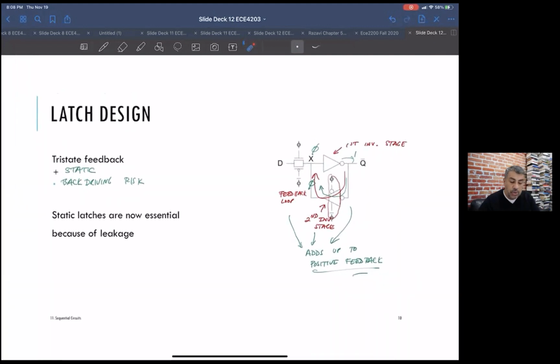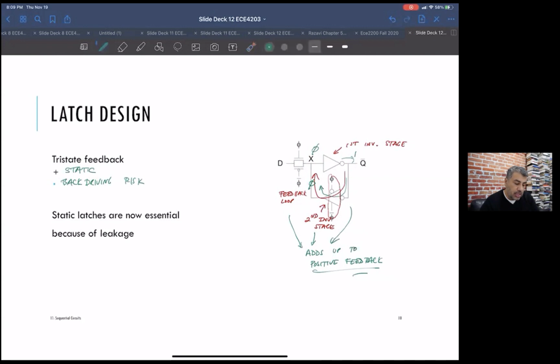But notice the other thing this doesn't have. This is not susceptible to leakage, because you can have as much leakage as you want on this node. You are going against an on transistor that's driving you with orders of magnitude more current than you could leak off, no matter how bad of a process you're in.